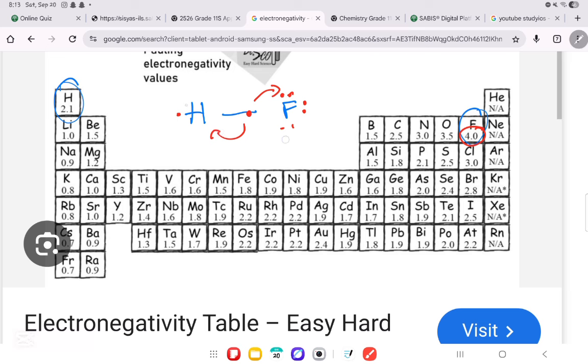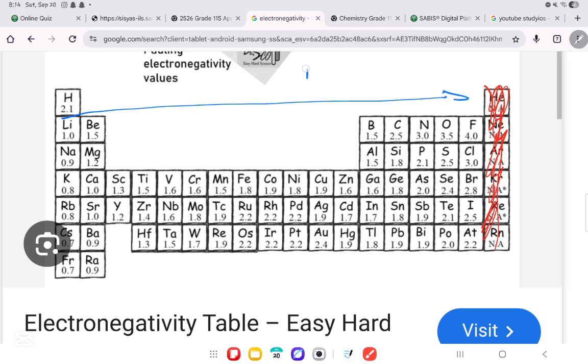So this is the definition of electronegativity. Now you need to memorize these values. Of course, you don't take into consideration the noble gases, because noble gases do not lose or gain electrons. They're noble, they don't react. So they're not included. We have a rule that if we go across the period, the electronegativity increases. The only exception in this scenario is hydrogen.